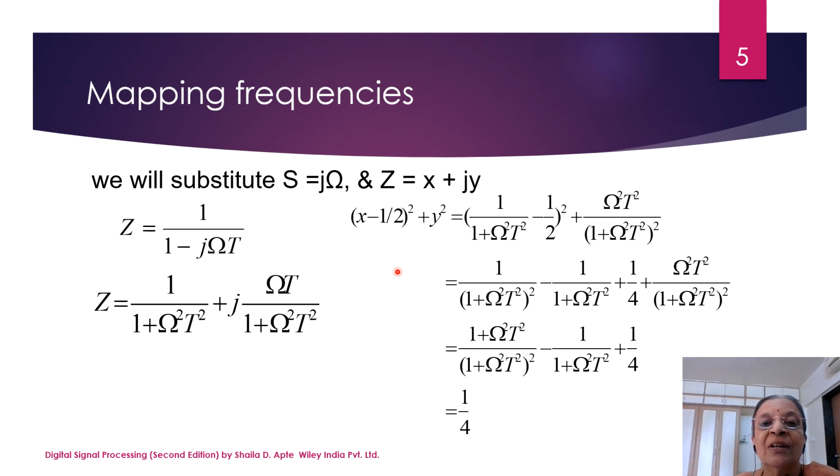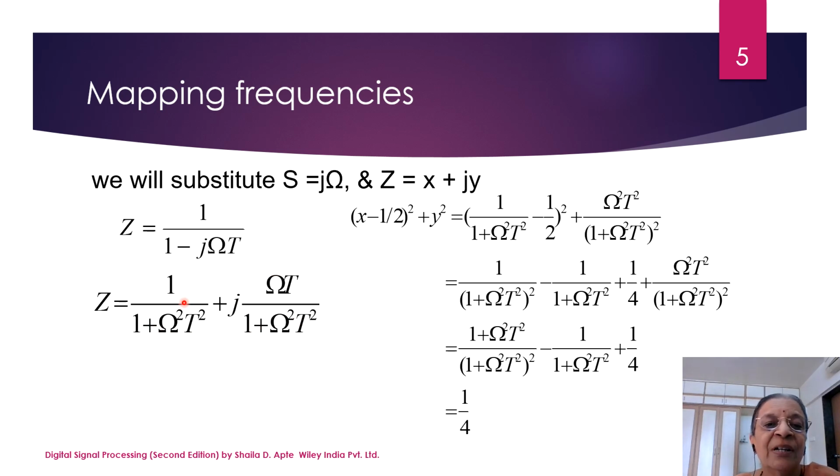Now we put z equal to x plus jy. So what will (x minus half) the whole square plus y square be? Here x is 1 upon 1 plus omega square T square, and y is omega T upon 1 plus omega square T square.